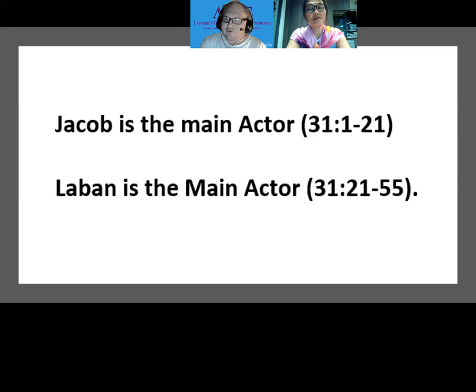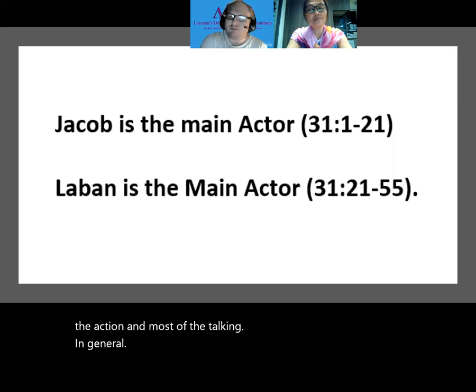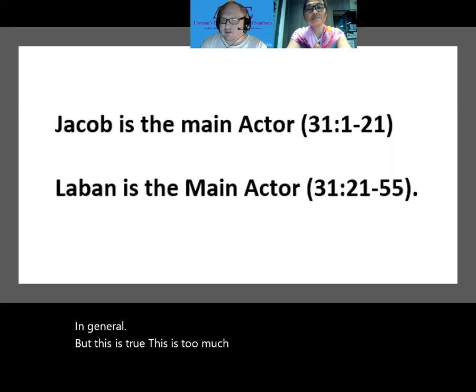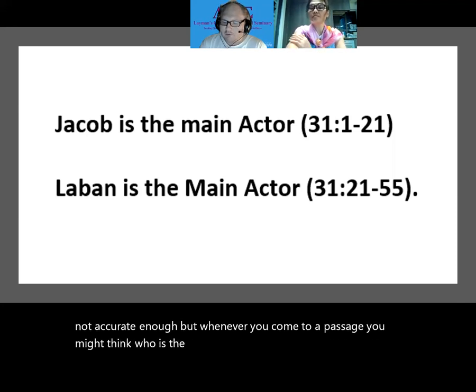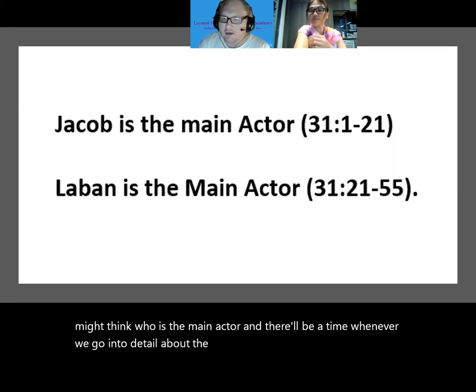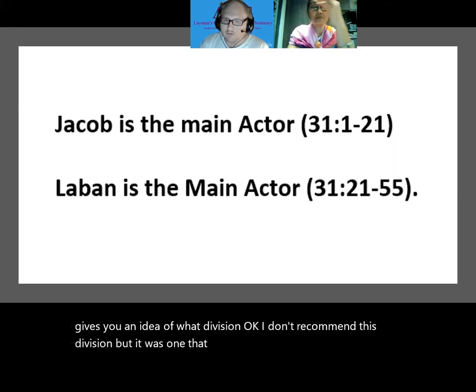Well, the main actor is the one doing most of the action and most of the talking in general. But this is too much of an overgeneralization. This is not accurate enough. Whenever you come to a passage, you might think, who's the main actor? There'll be a time later on when we go into detail about the different characters, but this gives you an idea of a division. I don't recommend this division, but it was one I came to early on.